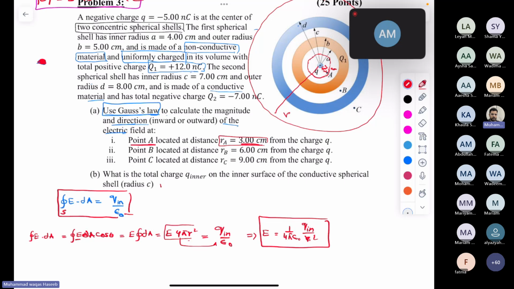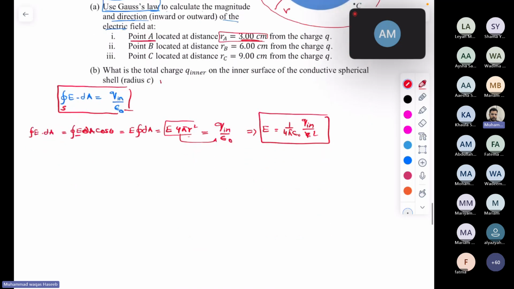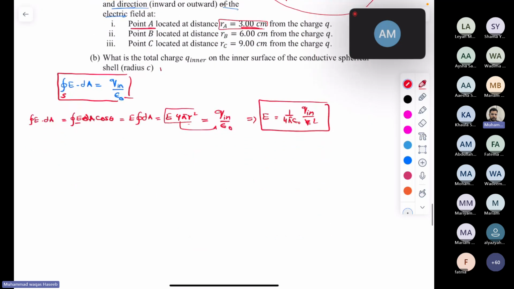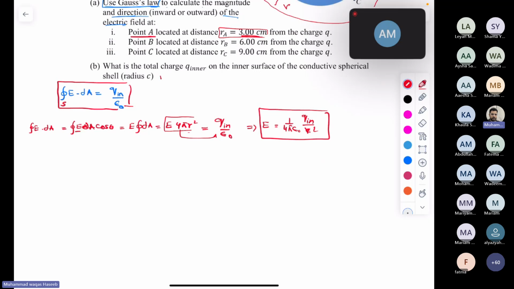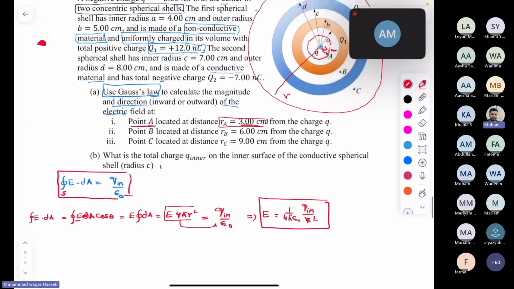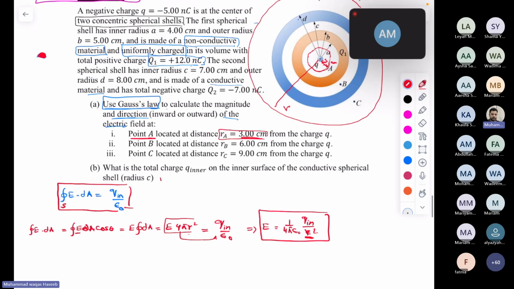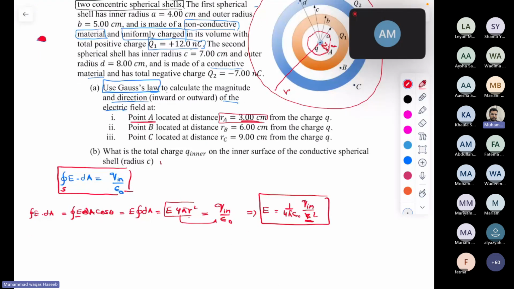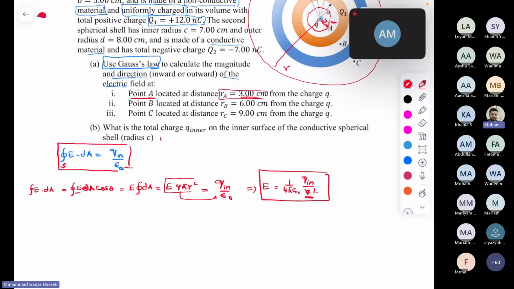If we have point A, we put the value of r at point A. If we have point B, we put the value of r at point B. And for any other point, inside or outside the sphere, we can calculate the electric field from this expression.